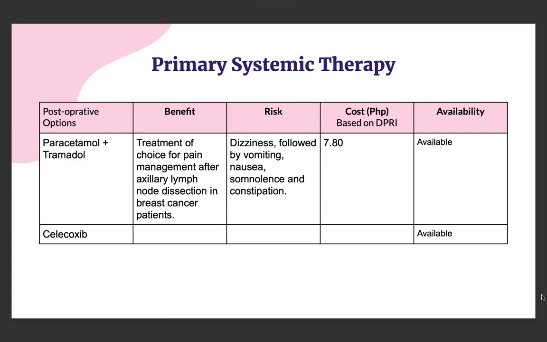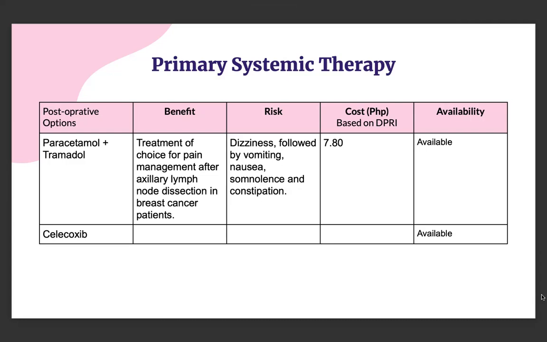And then the other option would be to use celecoxib. There's a study that shows that using celecoxib versus those who did not receive celecoxib reduced the hazard ratio for recurrence over 10 years by 35%.